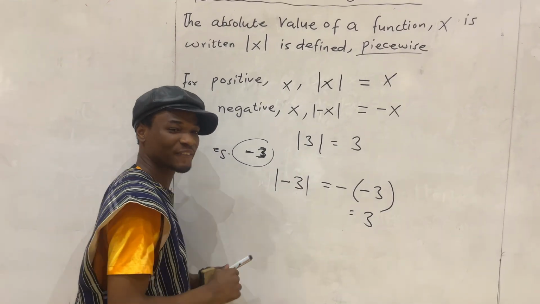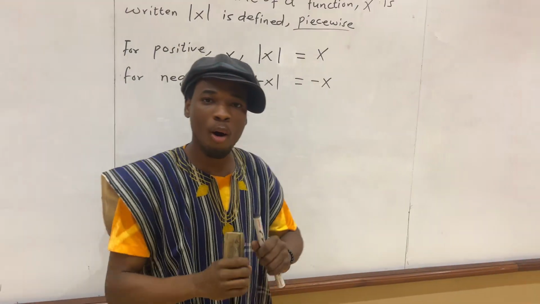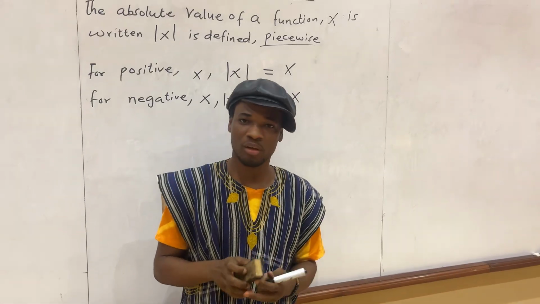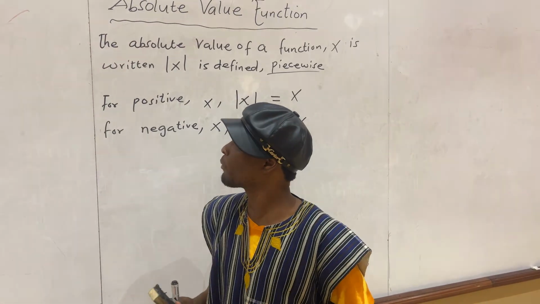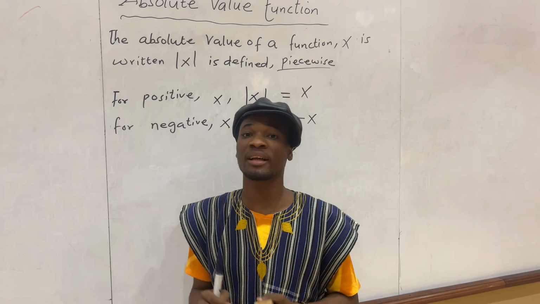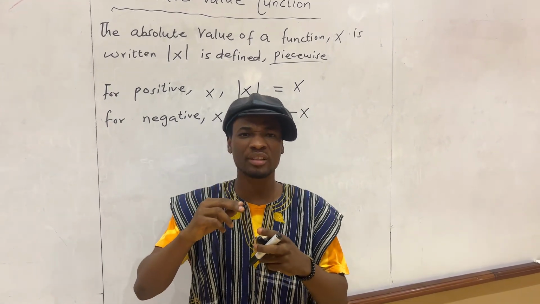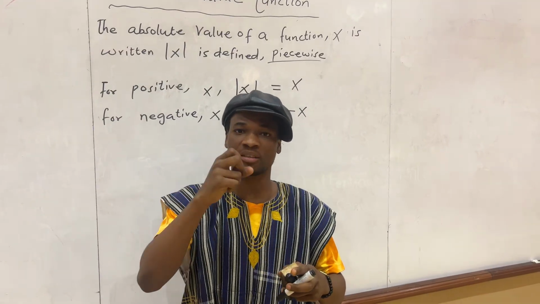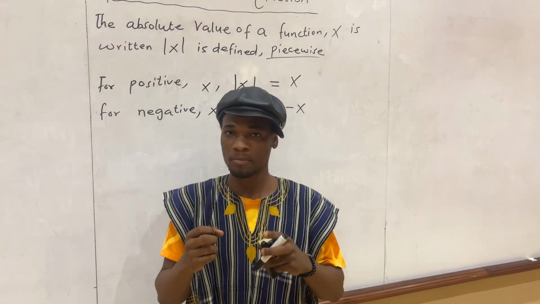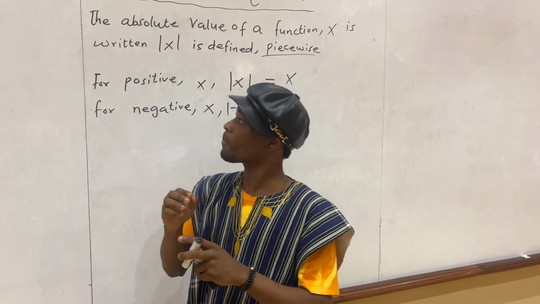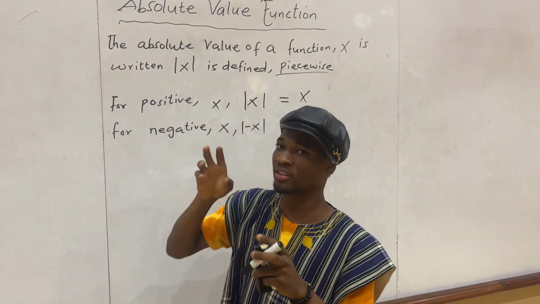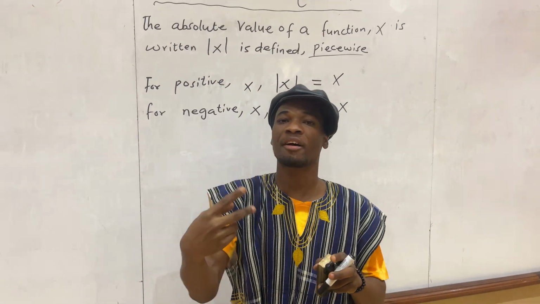As simple as that. Now, to throw more light on this, because the absolute value function is defined piecewise, which means we are going to have two functions or more, we are going to split this absolute value function into sub-functions.